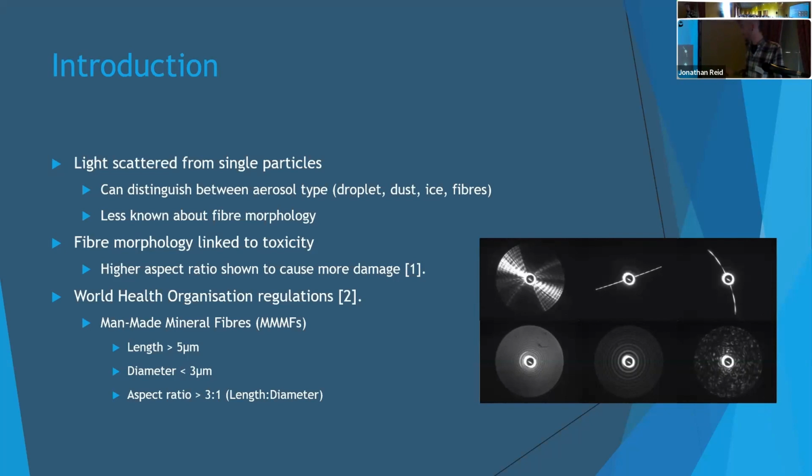And then you get more amorphous particles like dust. It's quite easy to see the difference between fibers and these other particles. But what we don't know is a way of getting more morphological information from these, and I'm hoping to do that with some techniques that I'll go through.